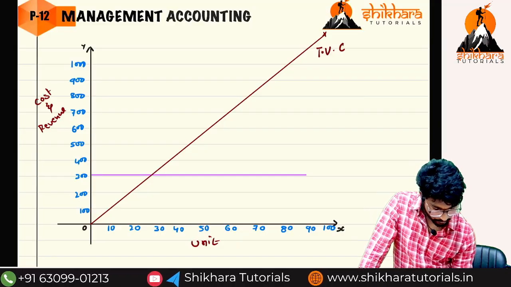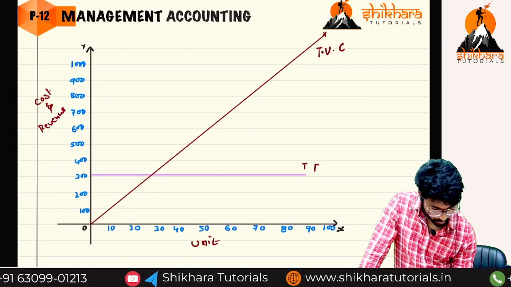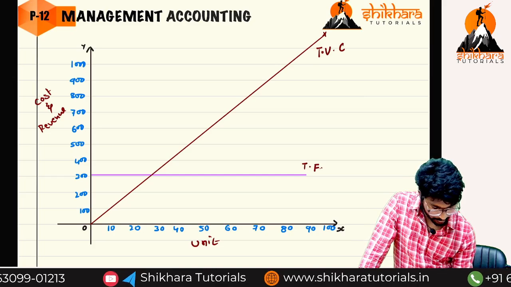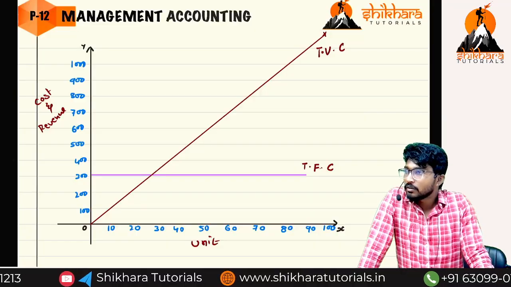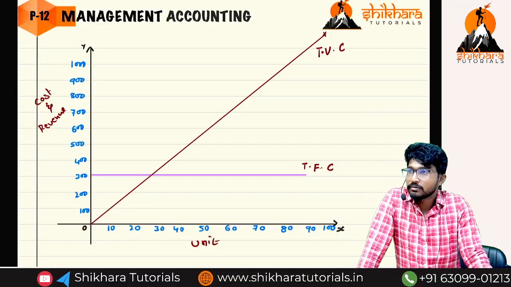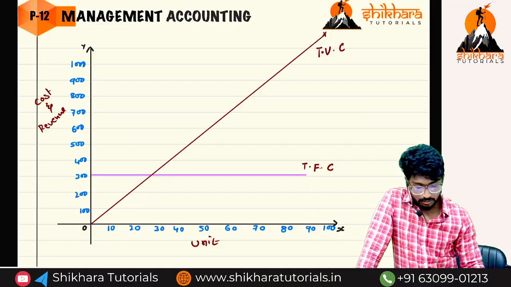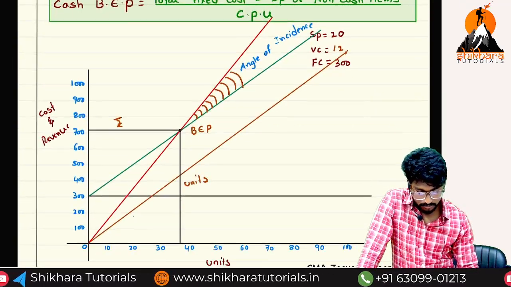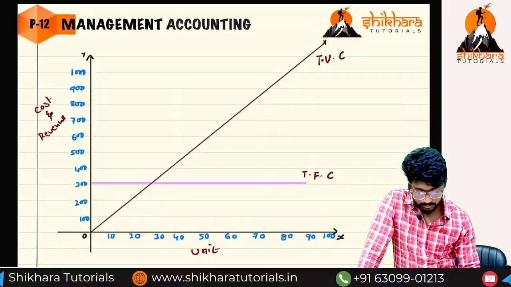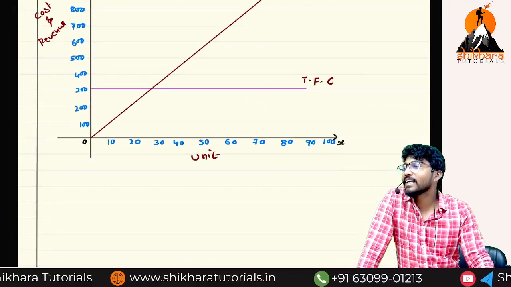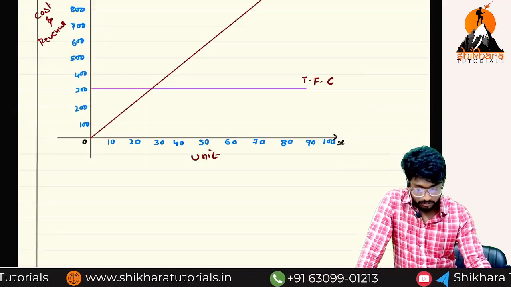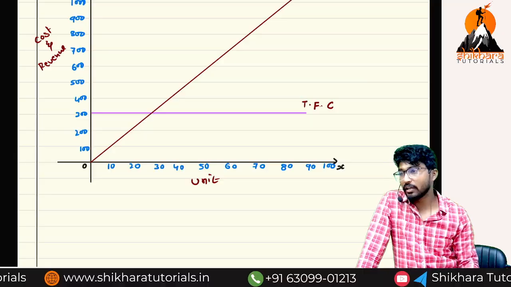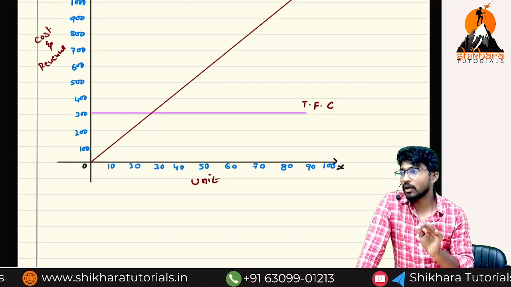This is the total fixed cost line. Then what else do we need? Tell me. Sales, total sales. Sorry, the total sales line, and as well as we need the total cost line.